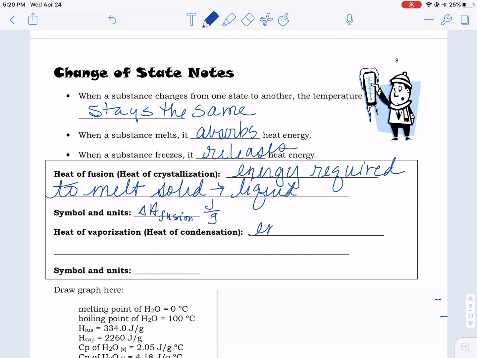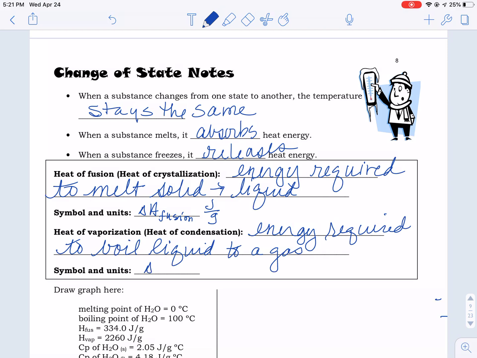Heat of vaporization is the energy required to boil a liquid to a gas. We use delta H of vaporization, and the units are joules per gram.